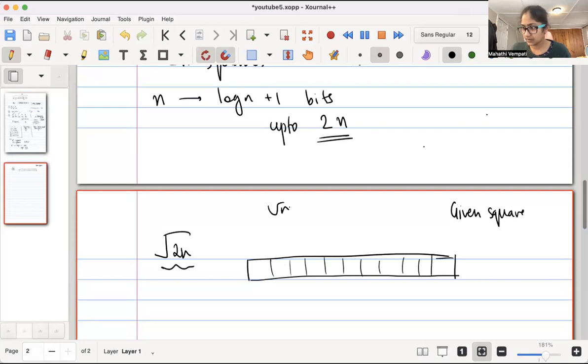Say we have a root n times n solution. Let's attempt that, right? Number of arrays that XOR up to a given number, that's all I'm finding.